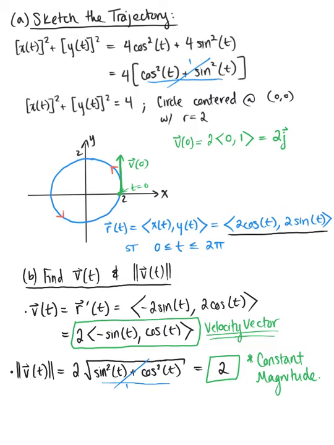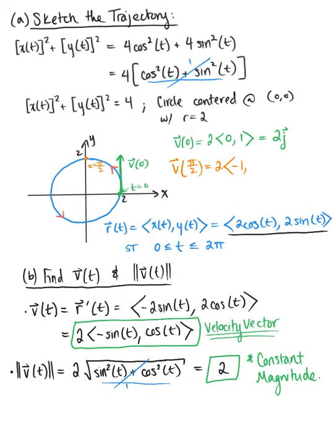Now what about, let's do another one. Let's say where t is equal to pi by 2. So here's that point. T is equal to pi over 2. What's the velocity vector doing there? So we have the velocity vector at pi by 2. So this is going to be equal to 2 multiplied by minus sine of pi by 2, which gives us a negative 1.